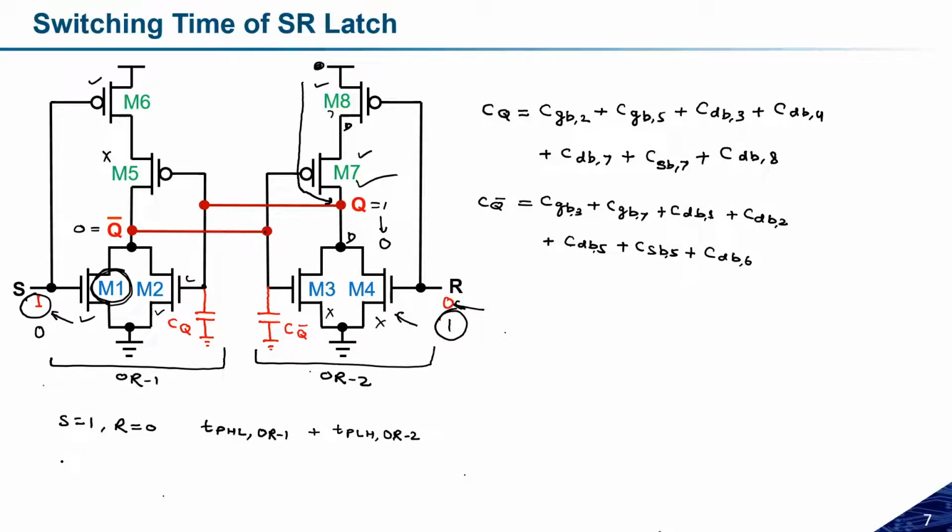Similarly, if I'm considering S equal to 1 and R equal to 0, what does it mean? Let me write this expression properly.